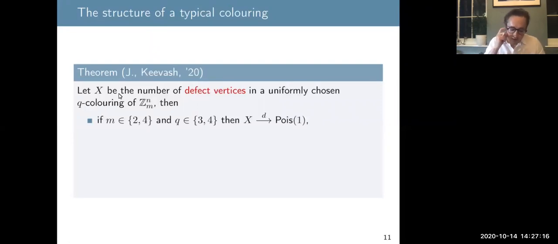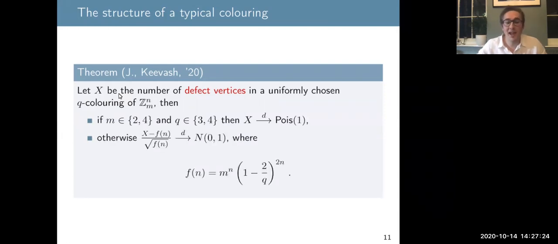So we showed that if M is 2 or 4 and Q is 3 or 4, then the number of defect vertices is Poisson. And in all other cases, we get the central limit theorem. So I just want you to notice there's actually a sharp jump here in behavior.